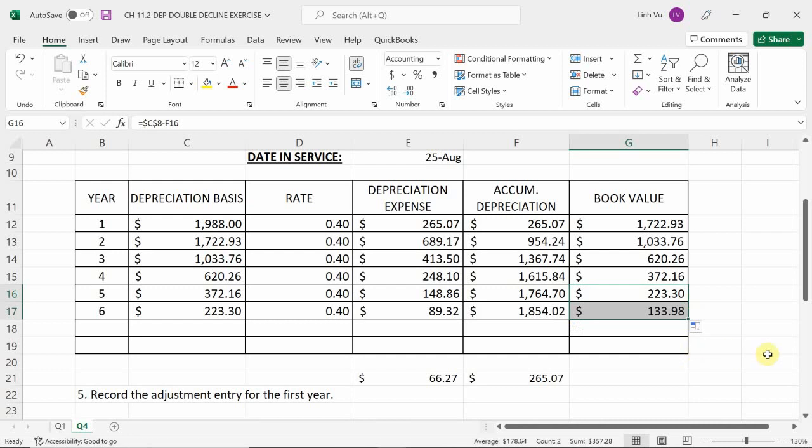Can that be possible? Yes, because of the additional 4 months.